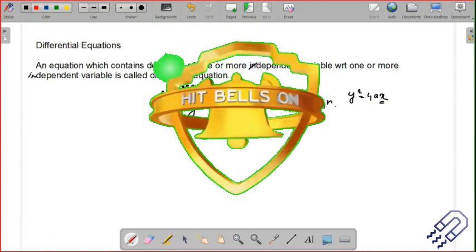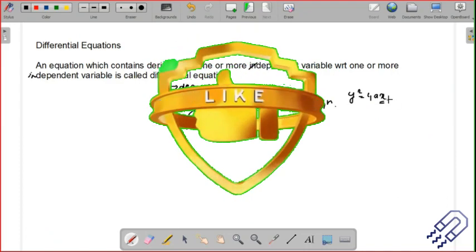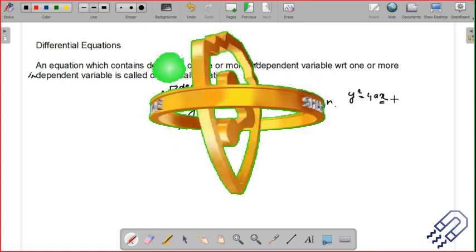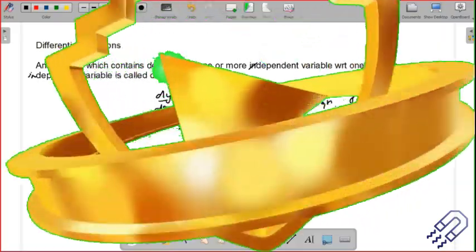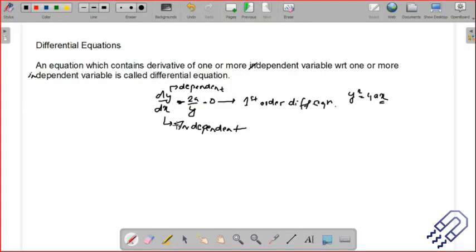Sometimes y may not be a function of only x, it might be a function of t, or of z, and so on. When you have a mix of different independent variables, that is different. But here it is a function of only one independent variable. So this is our differential equation, no doubt, but at the same time it is also a very good example of an ordinary differential equation.